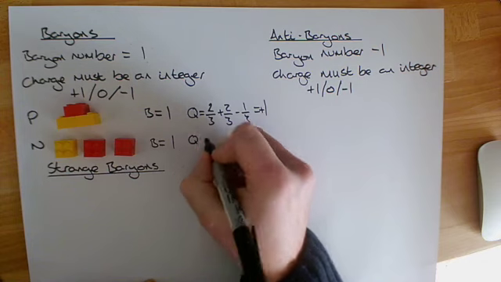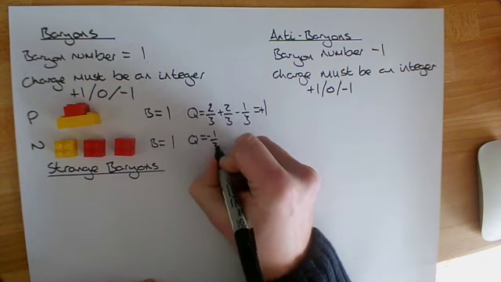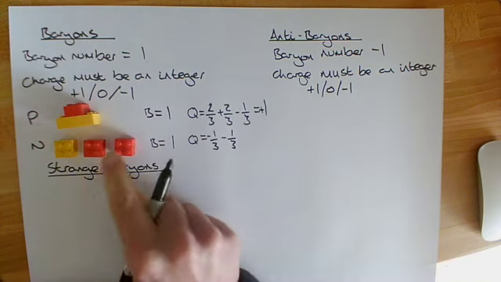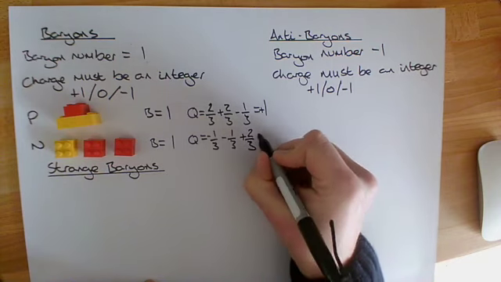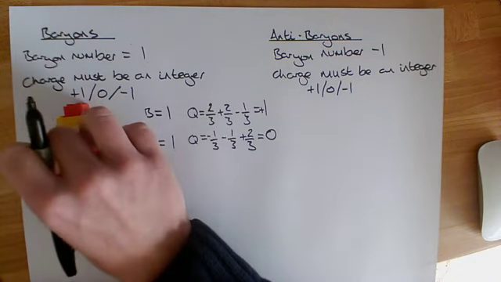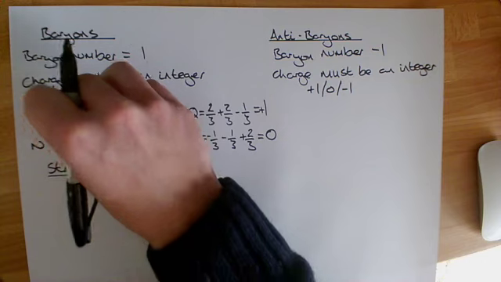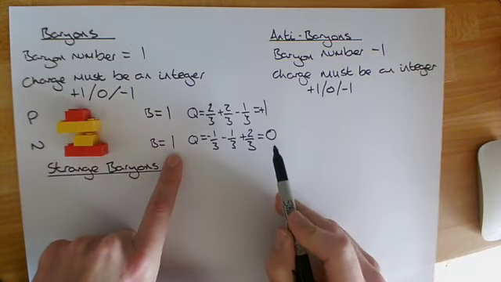The charge is then going to be minus 1/3, minus 1/3 from our 2 down quarks, plus 2/3. And obviously that added together gives us 0. So the overall charge on our neutron is 0, but it has a baryon number of 1. Okay, so baryon number 1 and a charge of 0.